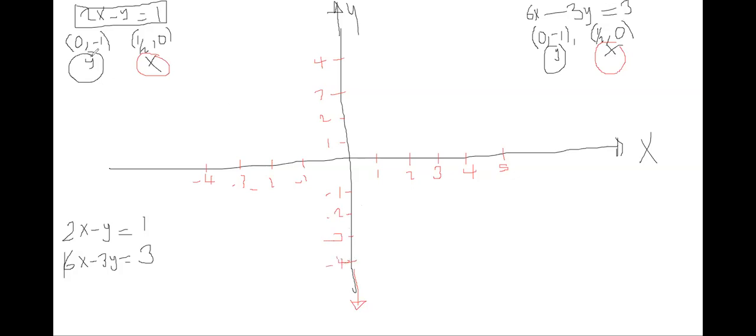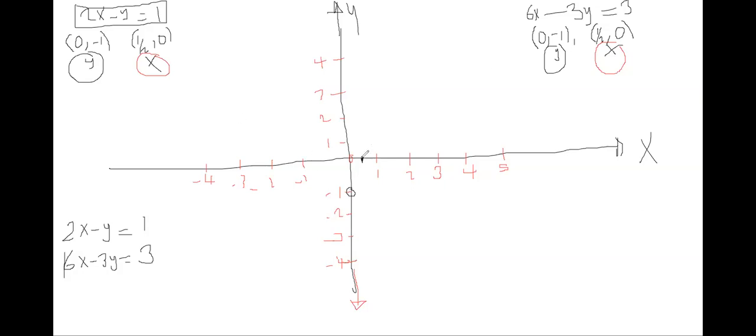Here we said the y-intercept is what? When x is 0, y is -1. For the x-intercept, if y is 0, x is what? Half. So that will be around here. If we do the same thing for the other equation, we'll have the same point. So we'll have a graph.